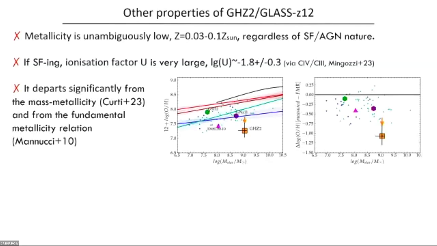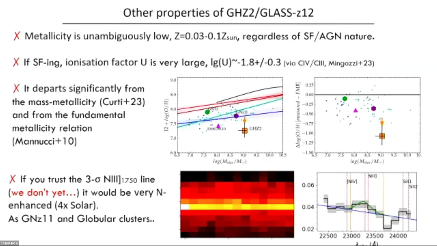It's significantly far away from the typical mass-metallicity and fundamental metallicity relation established even at nearby redshifts. So it's clearly in a very unusual phase.